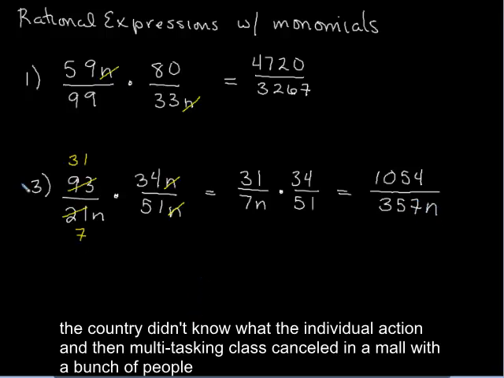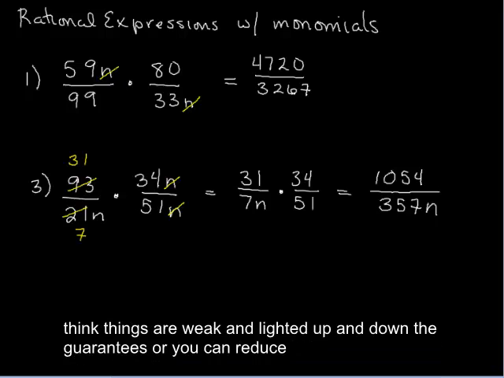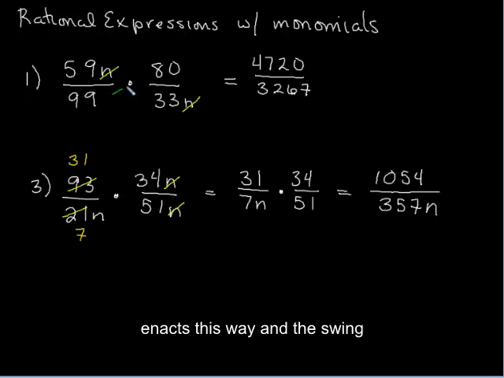So sometimes you can cancel inside the individual fraction and then multiply. Sometimes you can cross cancel and then multiply. Sometimes you can do both. Big thing, so we can, like I said, up and down you can reduce, or you can reduce in an X, this way and this way.